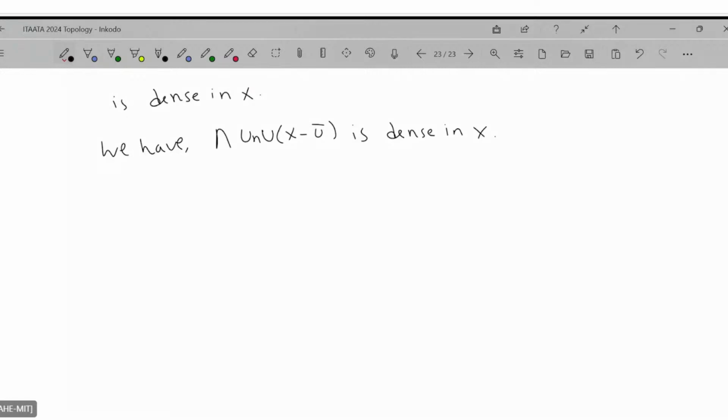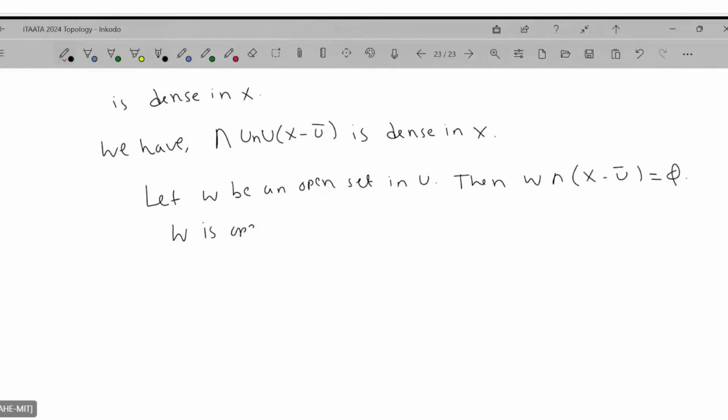So let's take an open set. Let W be an open set in U. Then W obviously does not intersect X minus U closure. So this is fine. Now W is open in U, so W is also open in X. Therefore it must intersect this.